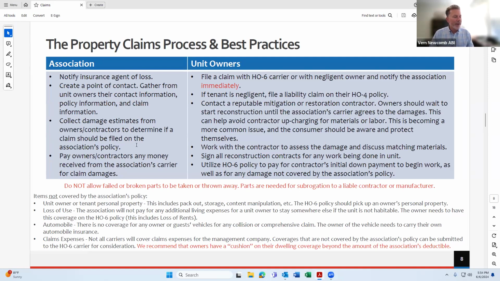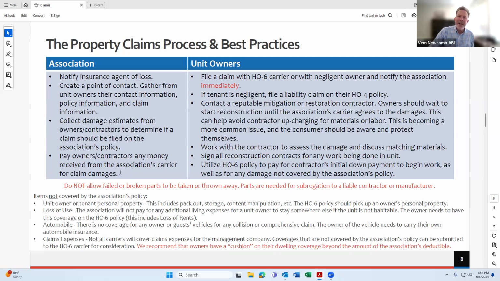So let's go back over here to the association. That contact person collects damage estimates, determining again if it's going to exceed the association's deductible, and then also pays owners, contractors, and monies received by the association's carrier.